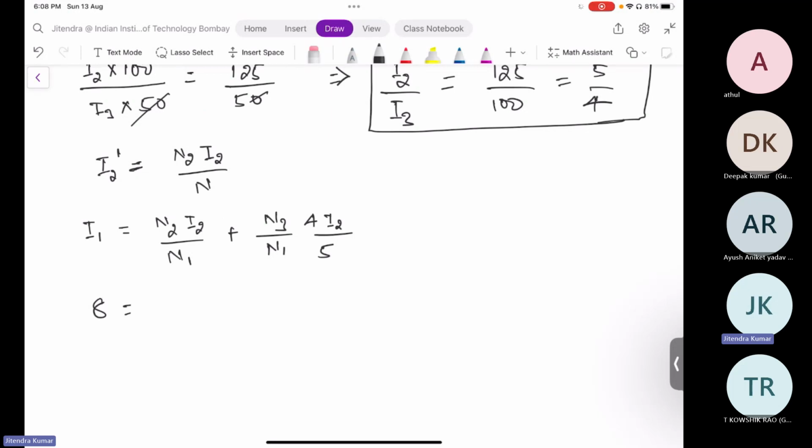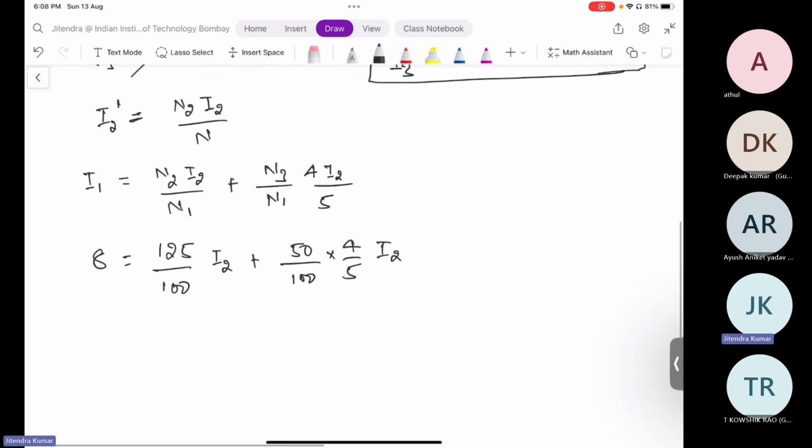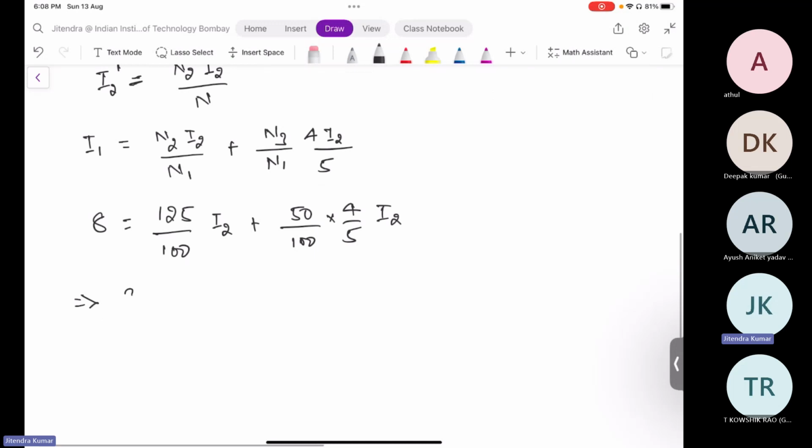It is equal to 125 by 100 I2 plus 50 by 100 into 4 by 5 I2, plus 4 by 10 I2.